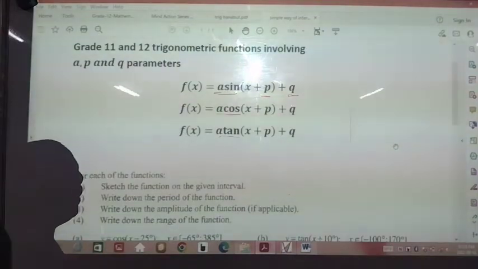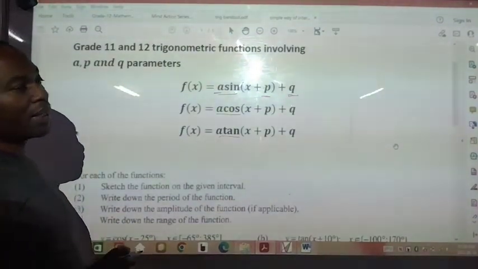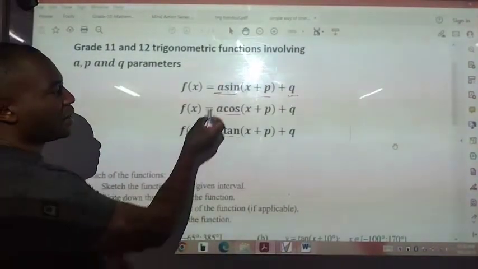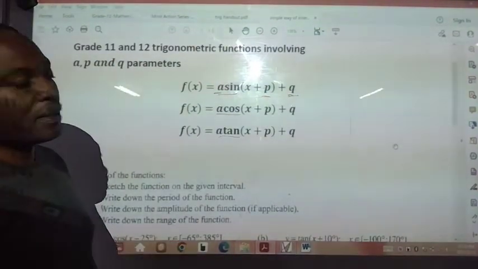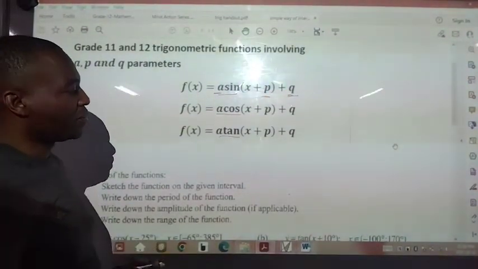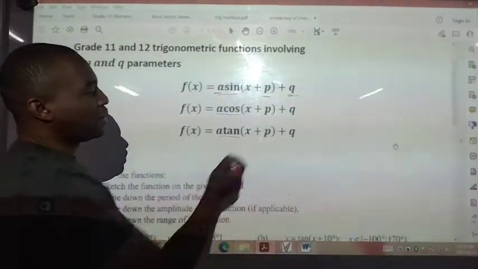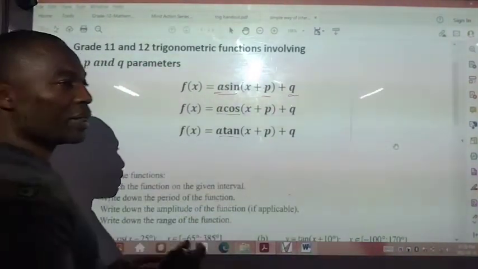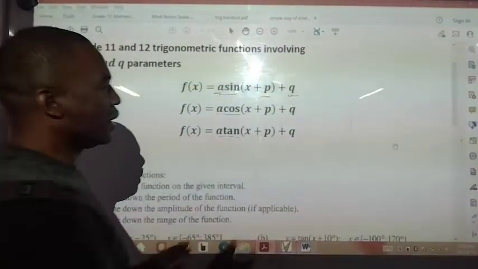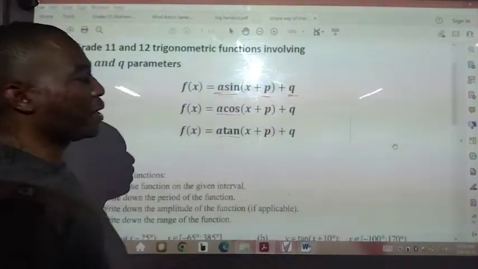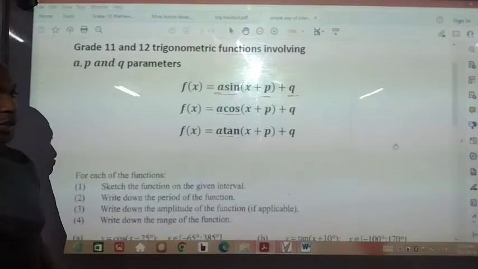So basically, what we are looking at here is the change in the amplitude, the change in the stretch, the change brought by the horizontal shift, and the change that is brought by the vertical shift.